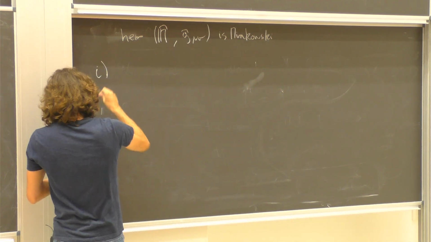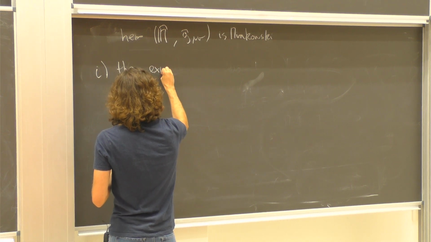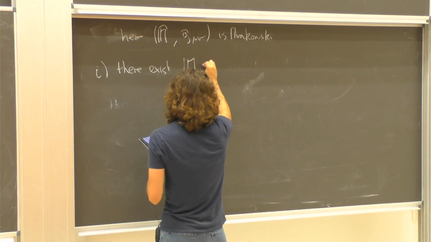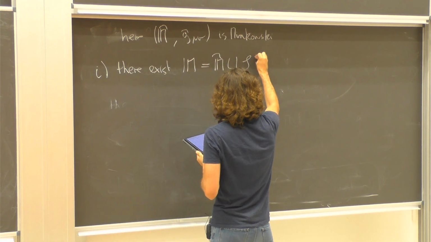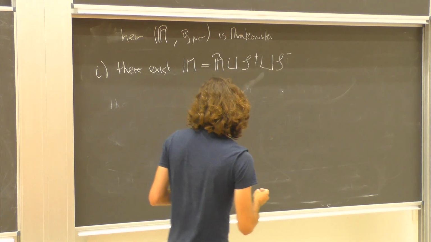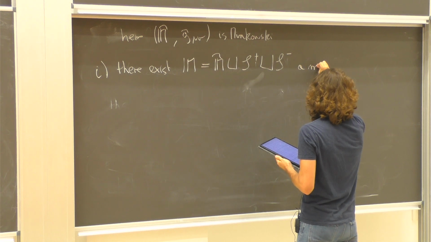So first of all, what did we find? We find that there exists another manifold M without tilde, which is in fact M tilde together with scri plus and scri minus. And I don't want to add i plus, i minus, i zero, because this guy now is a manifold with boundary.